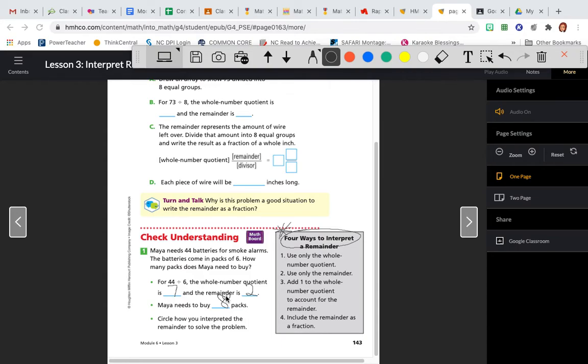So now it wants us to circle how we interpreted the remainder to solve the problem. So which one of those 4 ways did we just use? So I had 7 as my whole number quotient, but I know that I needed another pack, so I added 1. So we're using number 3 to interpret this problem.